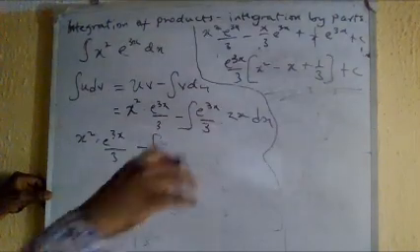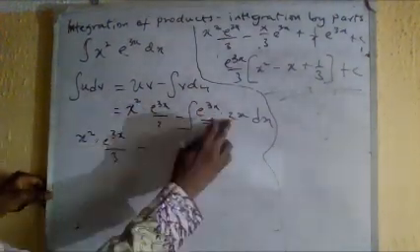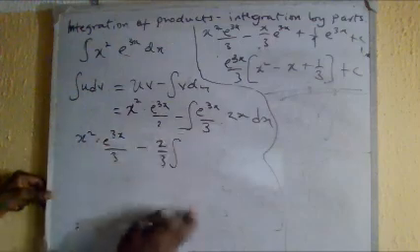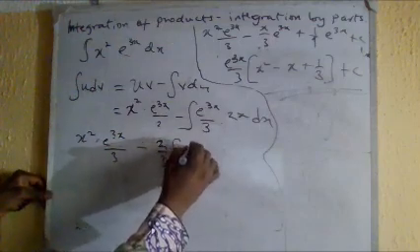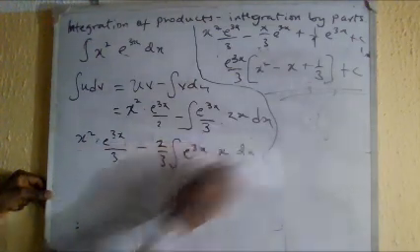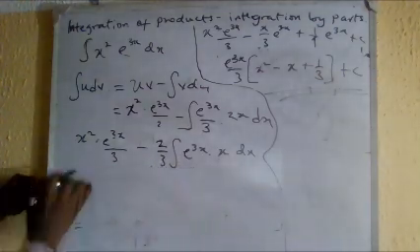Then I will now integrate this remaining exponential 3x dot x dx. So this forms another product. So I will go and integrate that product. 2 over 3 is outside.